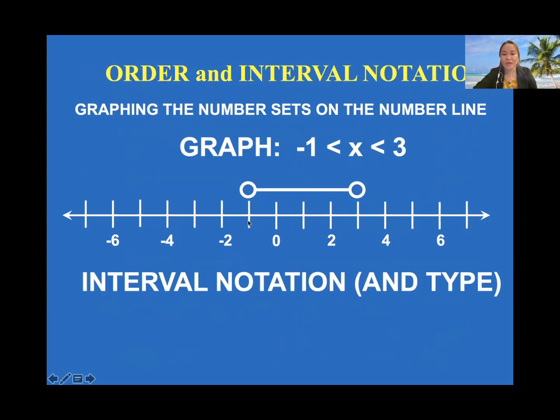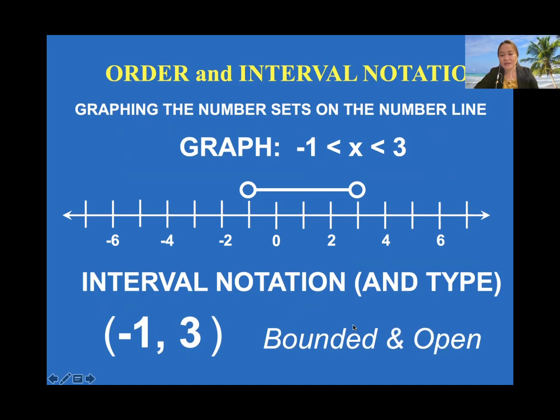Since this is open, it means from -1 point something to 2.999, not really equal to 3. So in interval form, open -1, open 3. Bounded and open.